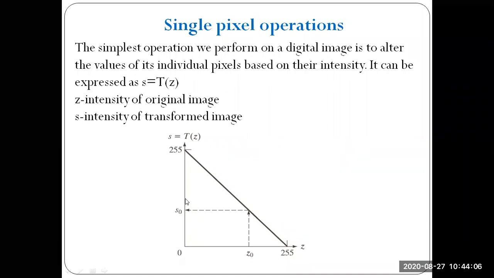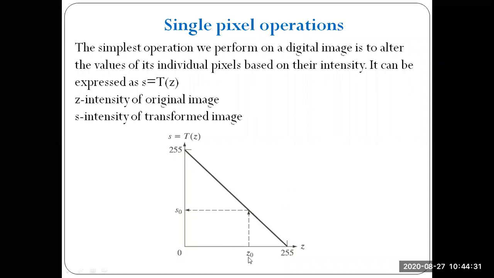And the graph will be like this, with the Z direction and the S direction. Z has pixel values 0 to 255, and S is also 0 to 255. 0 to 255 means 256 total levels.